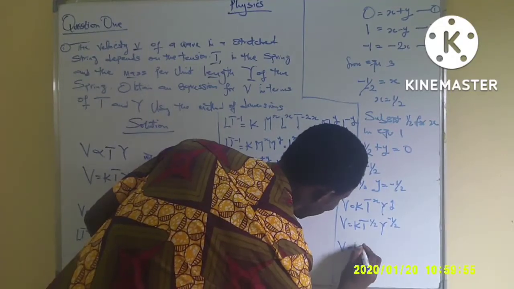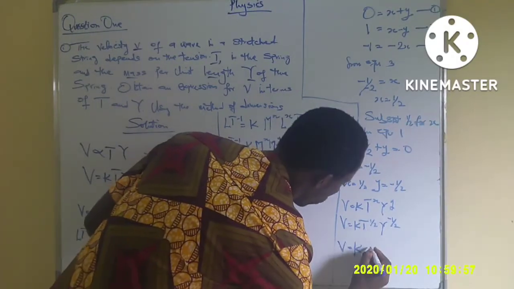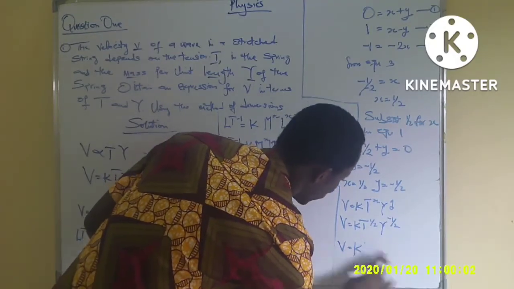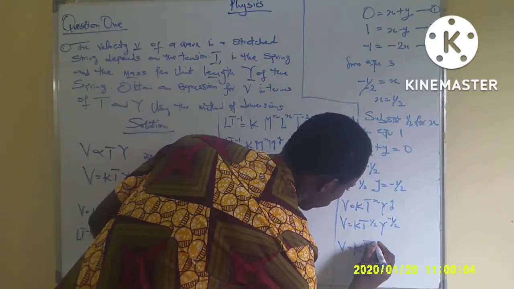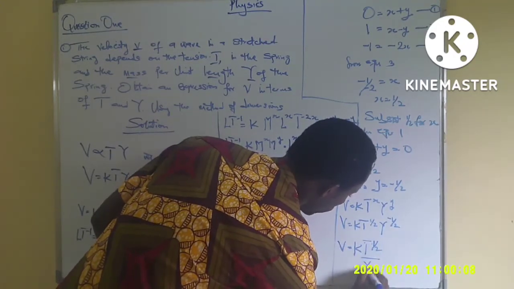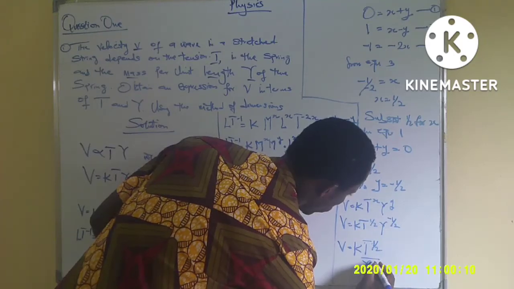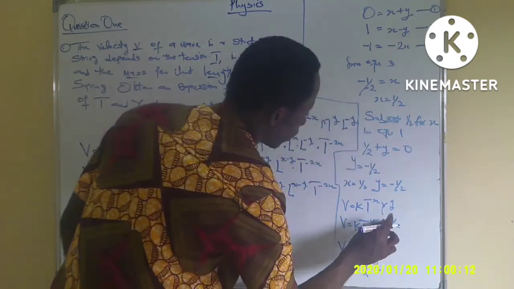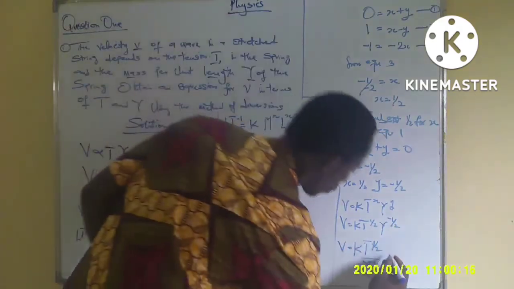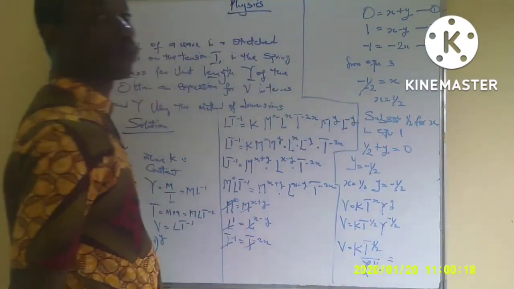V is equal to k. This t will remain at the top, T raised by 1 over 2, all over the mu. The mu raised by what? 1 over 2. Why? Because of this minus sign, it is inverse, so it goes down. So at the end of the day, 1 over 2 is square root.